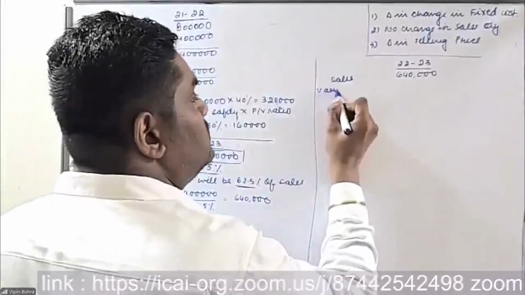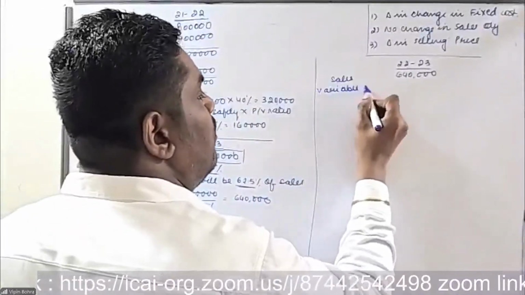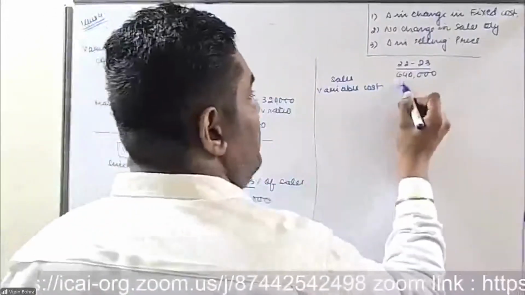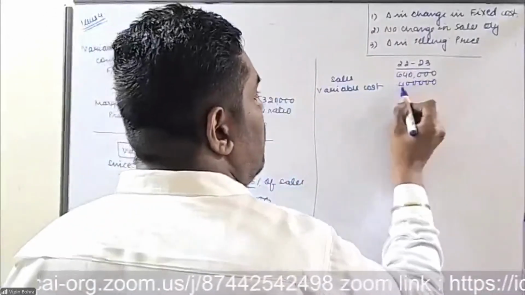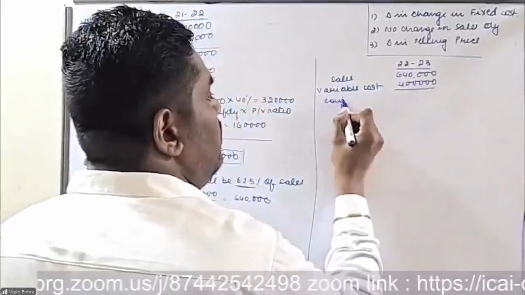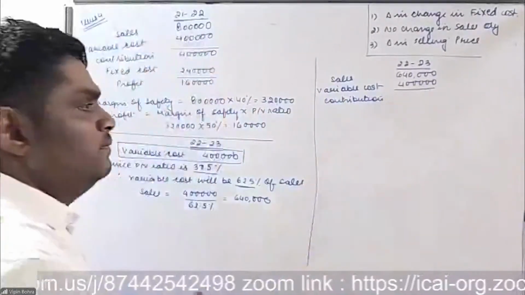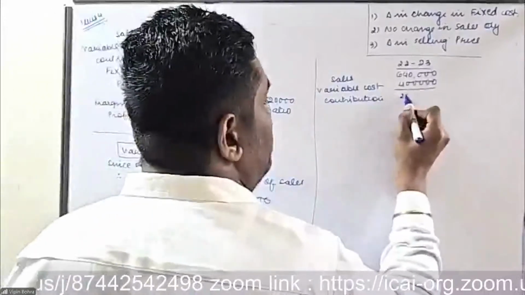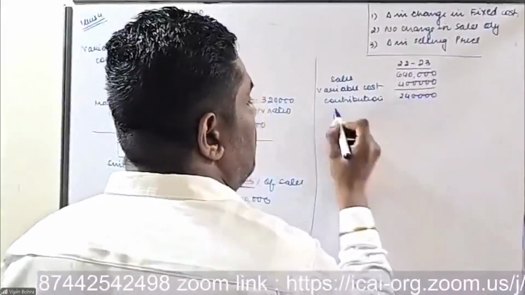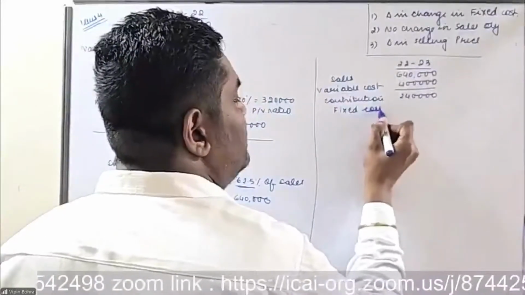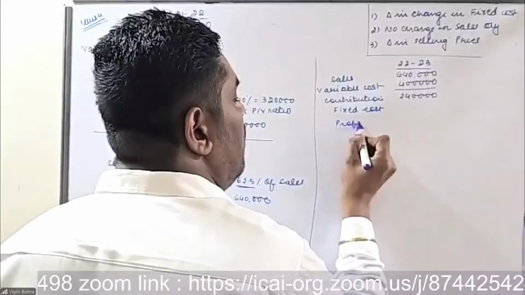My variable cost will be 62.5%, that is 4 lakh. My contribution will be 2,40,000. Now fixed cost, if we subtract, we will get profit.